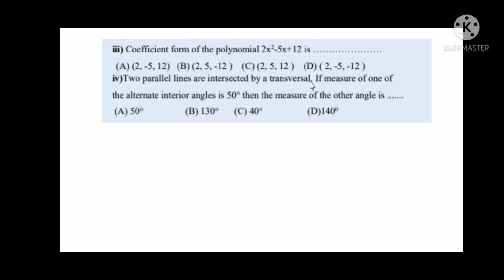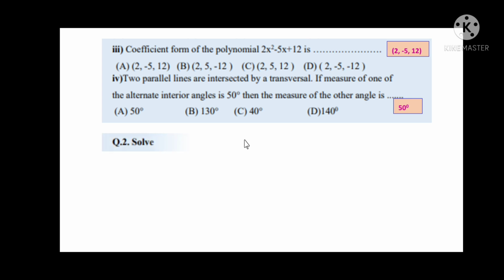The correct alternative here is 2, minus 5 and 12. Two parallel lines are intersected by a transversal. If the measure of one of the alternate interior angles is 50, then the measure of the other will be 50 degrees.